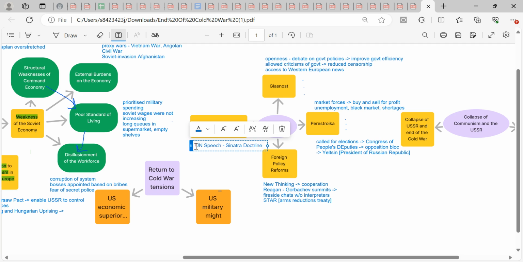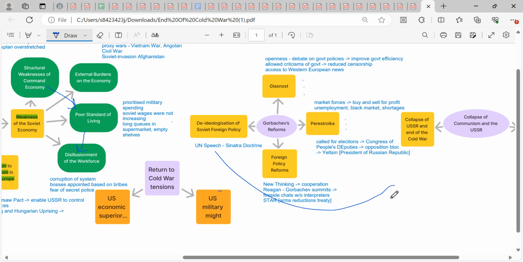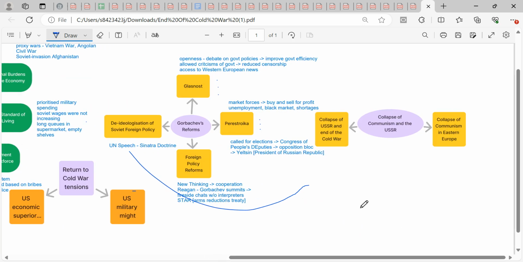And then we, of course, know that once that happened, the connection to the collapse of communism in Eastern Europe, where you had these Eastern European countries looking on at what's happening in the Soviet Union.